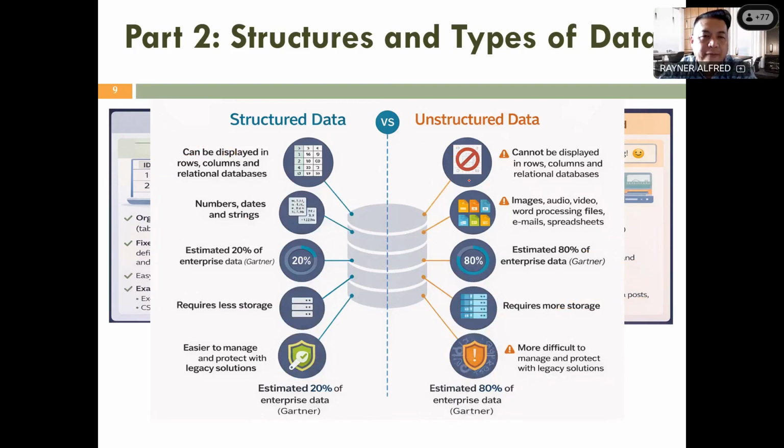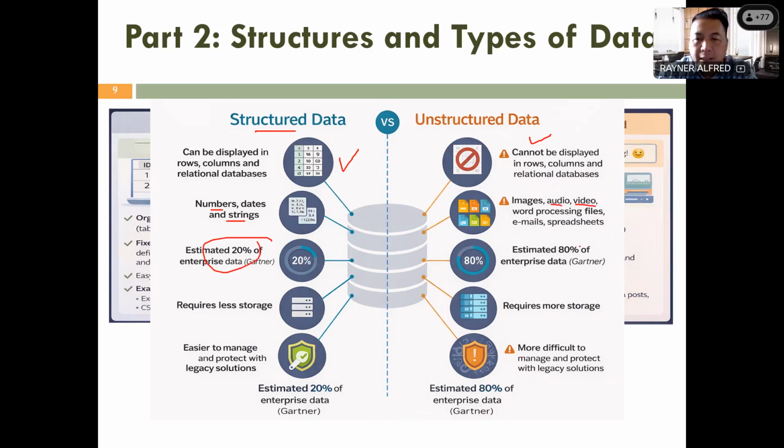We can differentiate structured and unstructured data based on some features. For example, structured data can be displayed in tables whereas unstructured cannot. Structured data consists of numbers, dates, and strings, but unstructured is of big large objects, such as audio and video.